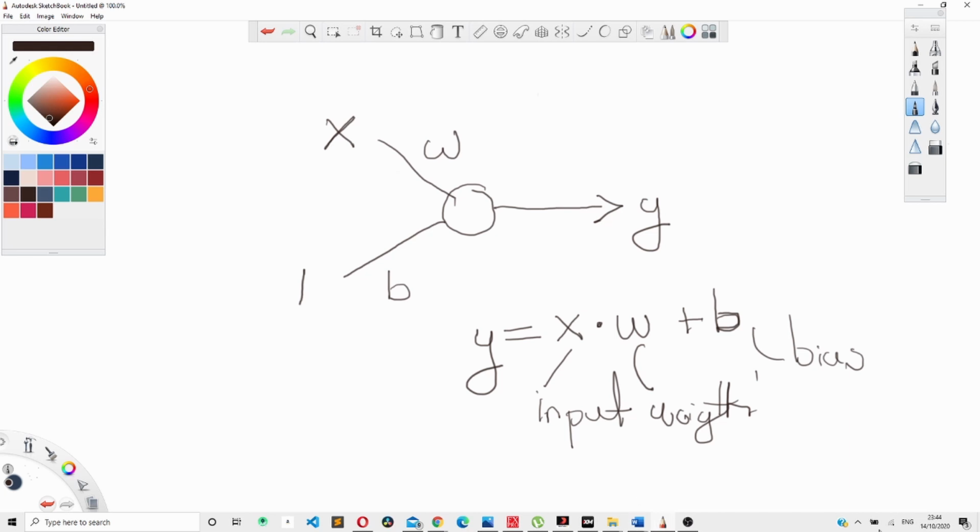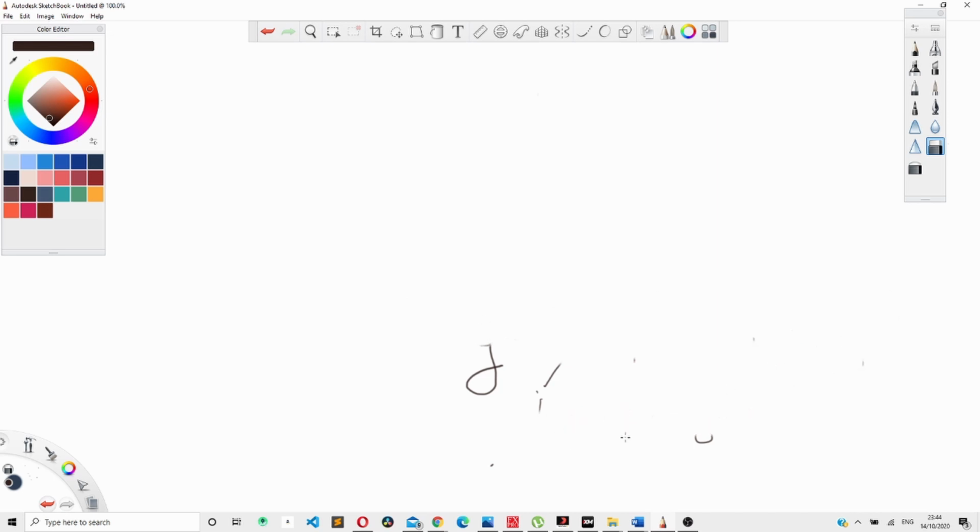Let's say we have been hired as a deep learning engineer to predict house prices for a company, right? Let's say your input X is going to be the size of the bedroom.